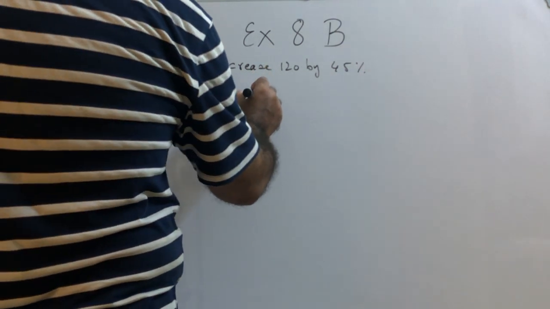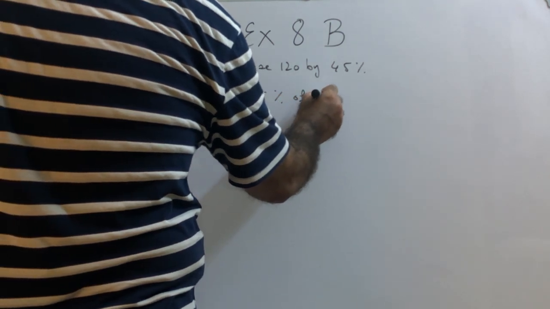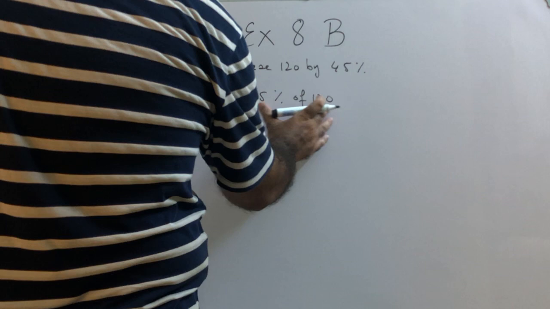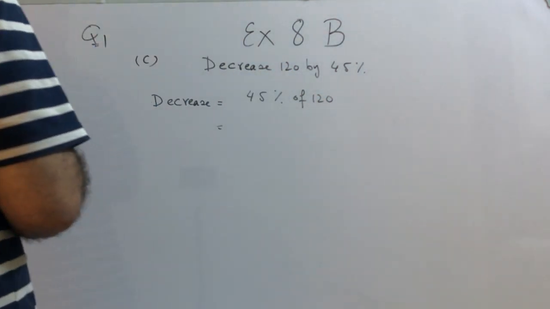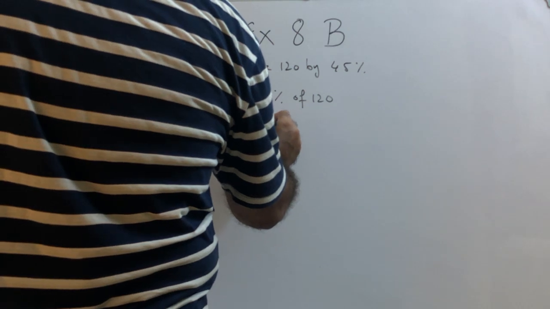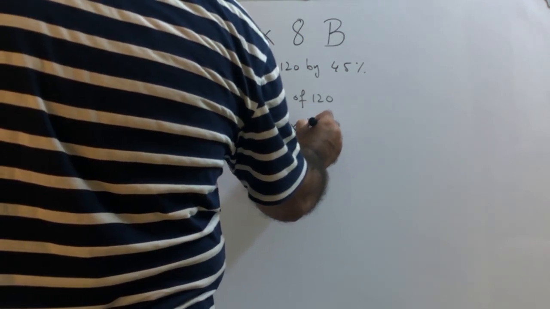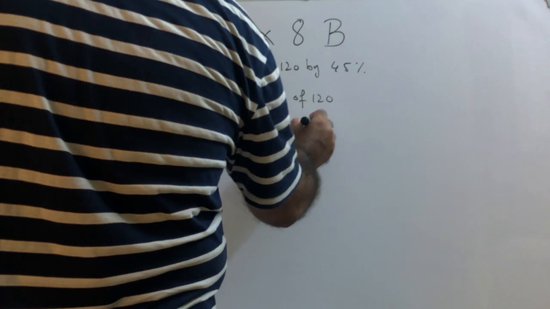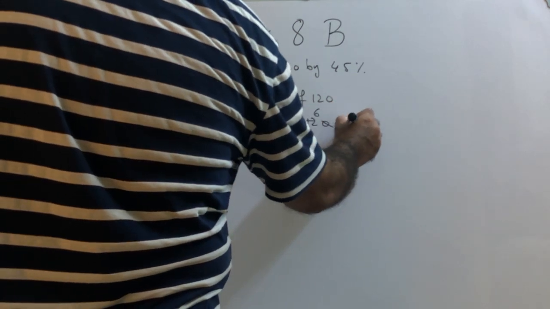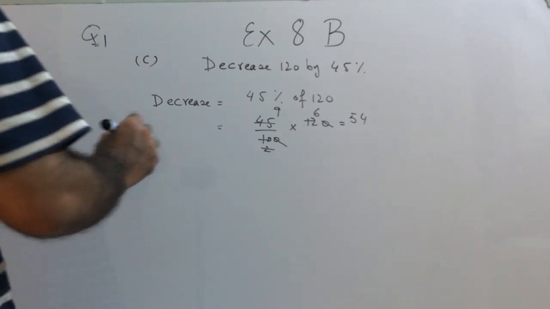So we need to take 45% of 120. This is the decrease required in 120. So 45% means 45 over 100, of means multiply into 120. 0 goes with this. 5 2s are 10. 5 9s are 45. 2 6s are 12. 54. So the decrease required is 54.